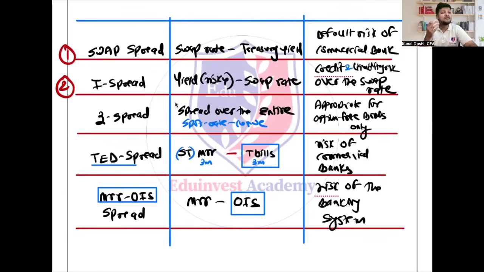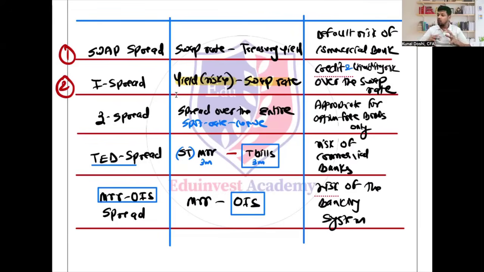Now, sometimes instead of swap rate as a reference, you can take an individual bond's rate, or your individual bond's YTM. Now, tell me one thing. When you take the yield of your risky bond and instead of comparing that with the treasury, you compare that with the swap rate, what is the difference between these two? Both are risky. Now, I-spread is the spread of your bond over the swap rate. This is generally used in a case where the swap rate for a specific maturity is not available.